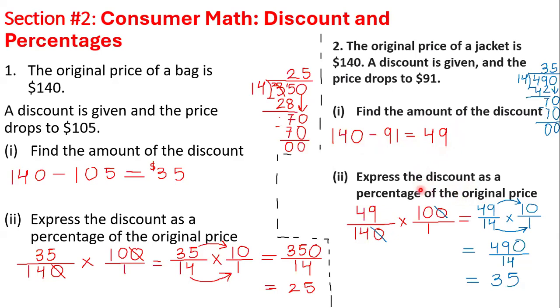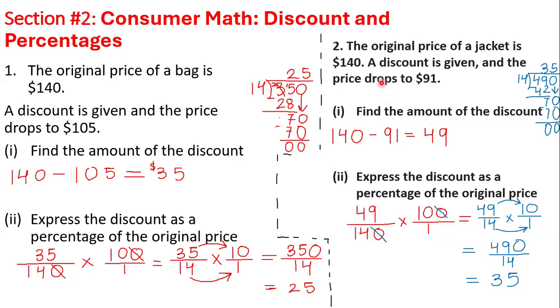You turn the 49 and 140 into a fraction, and you multiply that by 100. Why am I using 100? Because all percentages are out of 100. Good. I'm trying to change into percentage. What else? Then I don't really get the switch thing.